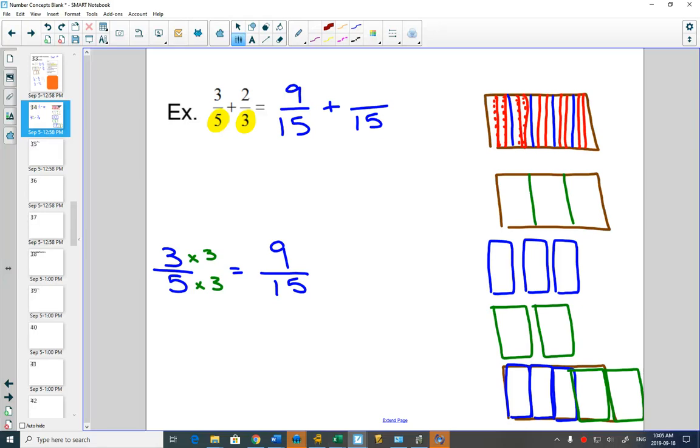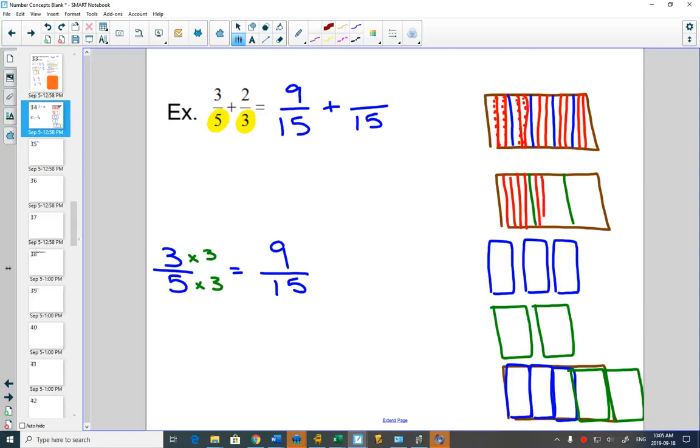And in my thirds, what would I have to split each of those green pieces into in order to get 15 in total? I'd have to break each of these into 1, 2, 3, 4, 5 pieces. If I broke each of those 3 pieces into 5 pieces, does it make sense that I would get 15 in total?